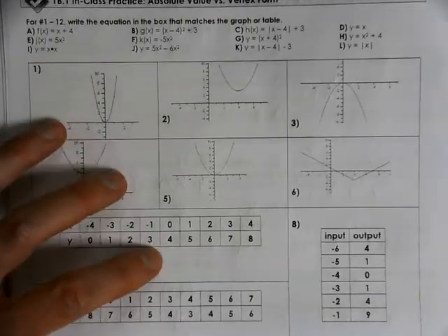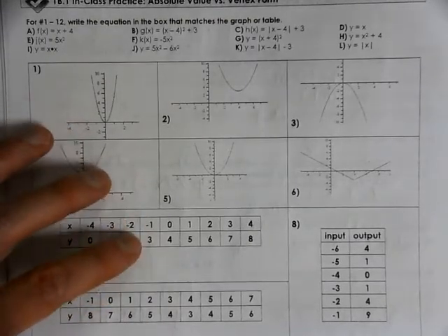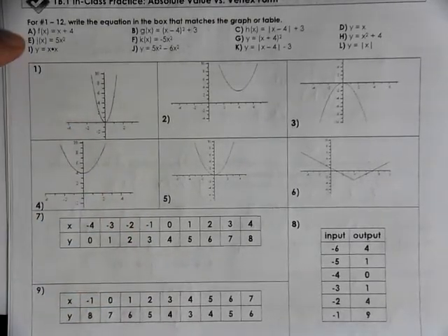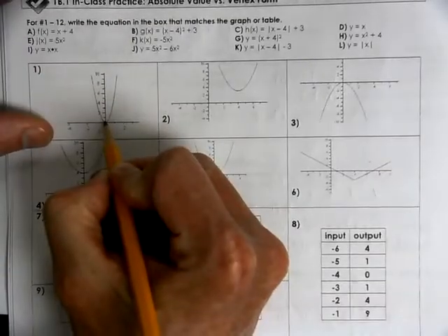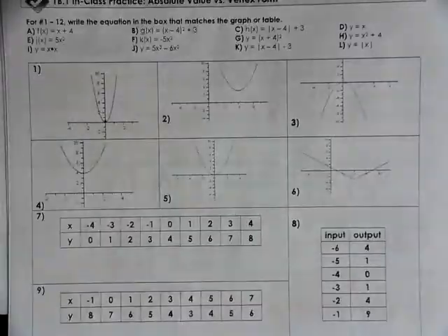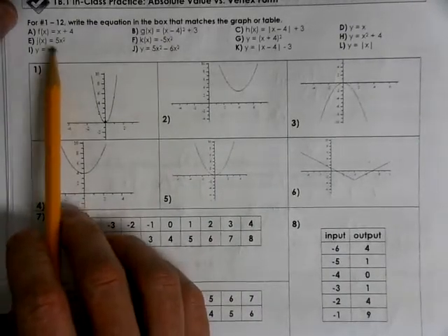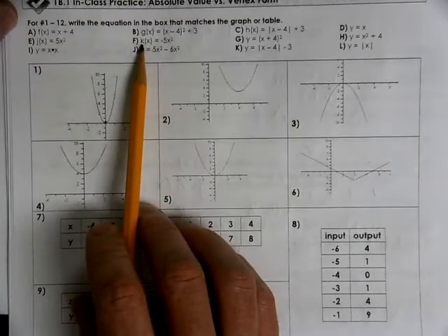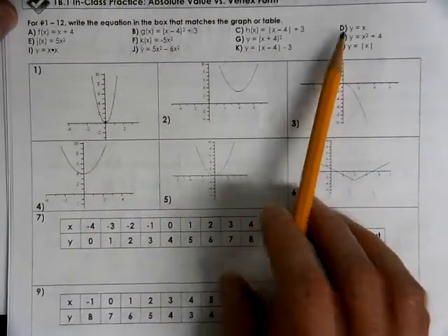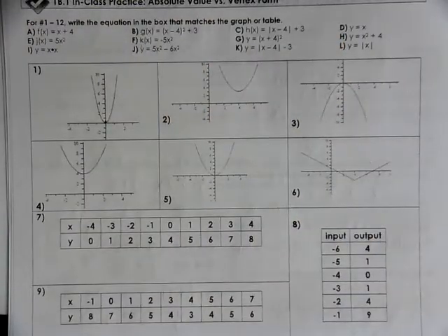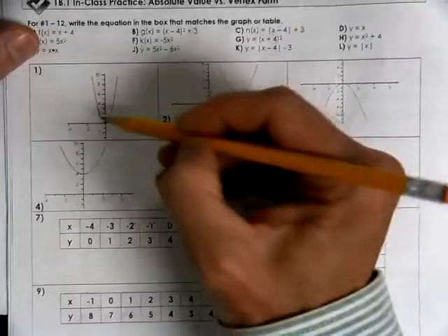Or you can take the given information, write an equation, and then find your value up top. So for example, this is a parabola with the vertex at 0, 0. So it could be E, it could be F, it could be D. Those are all somewhat reasonable options.